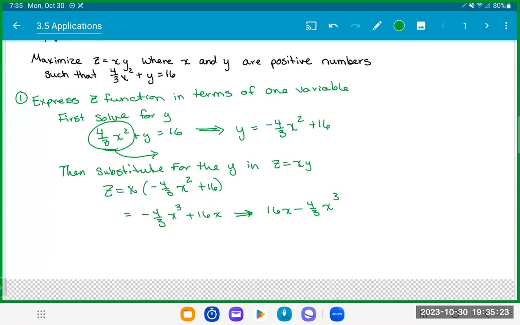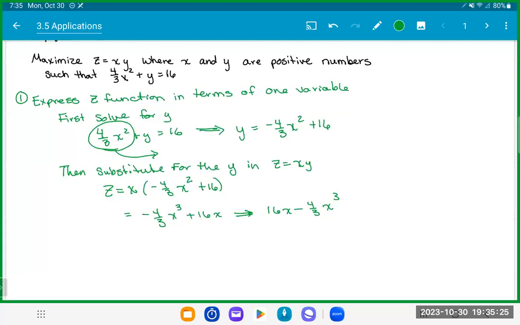All right, so next I want to find my derivative of z. So z prime is equal to 16 minus 3 times 4/3, which gives me negative 4x squared. And we set that equal to 0. This is 4x squared equals 16.